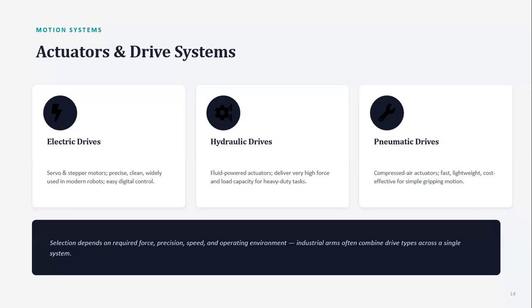Pneumatic actuators provide fast and economical motion for lighter tasks. Selection of a drive system depends on the speed, accuracy, load capacity, and operating conditions.